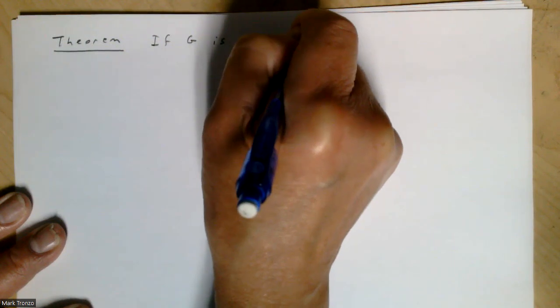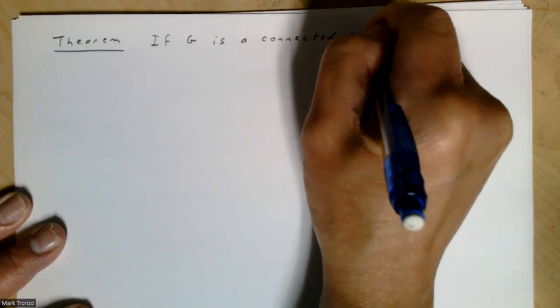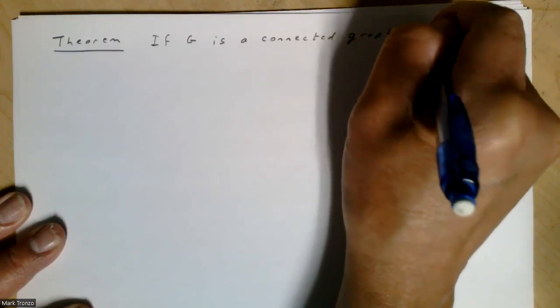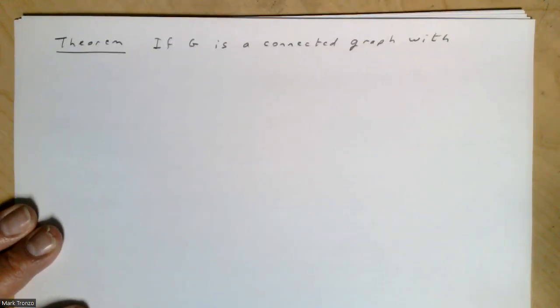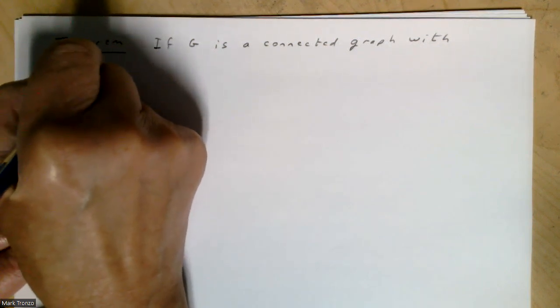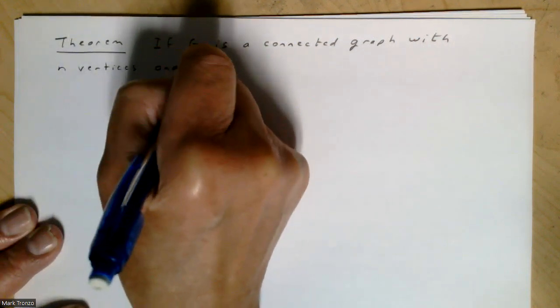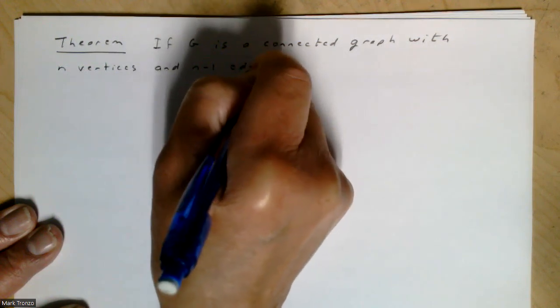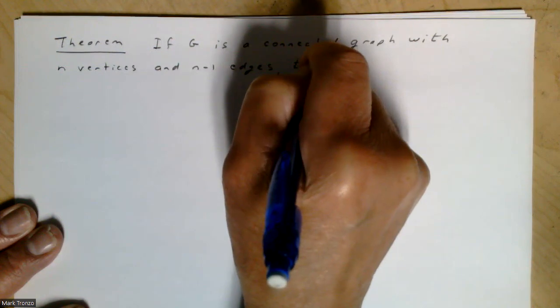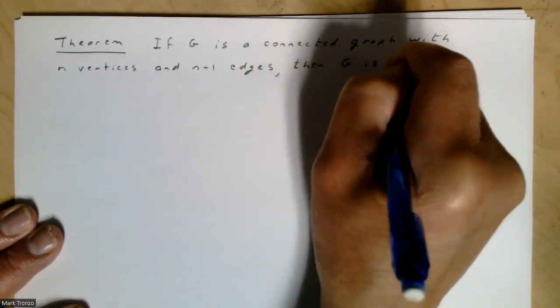Now this one says if G is a connected graph with n vertices and n minus 1 edges, then G is a tree.